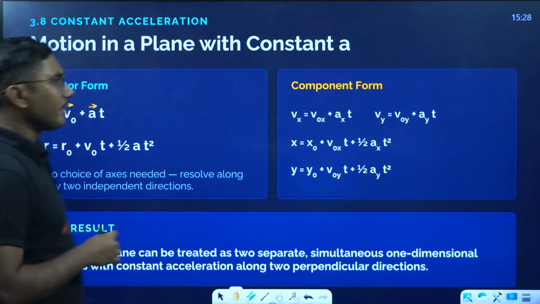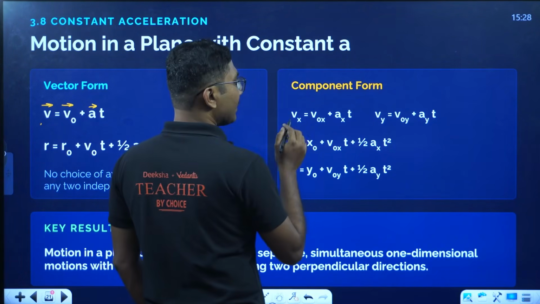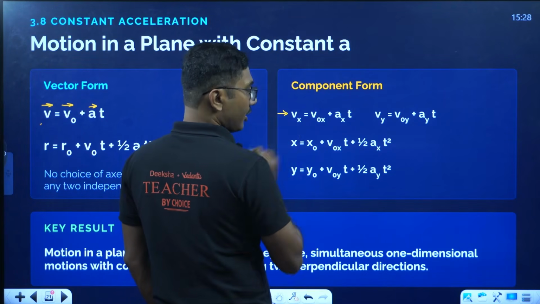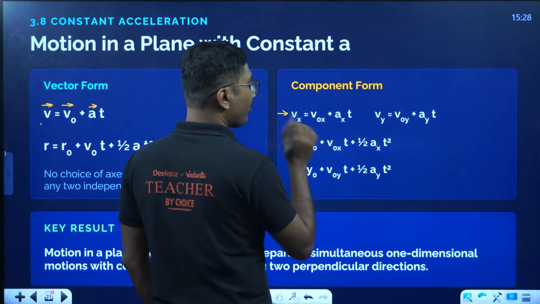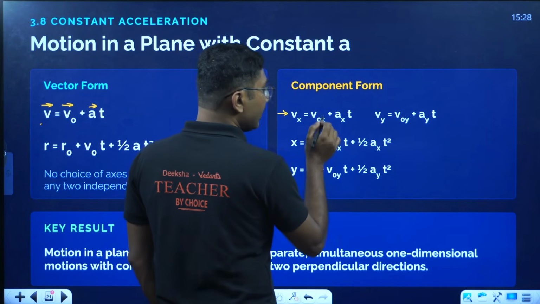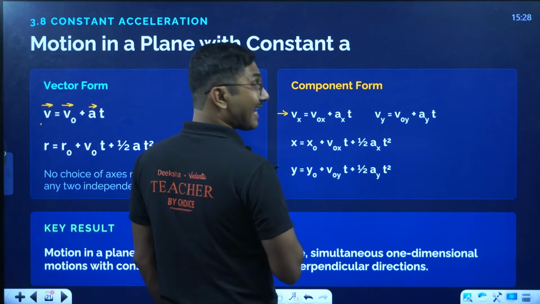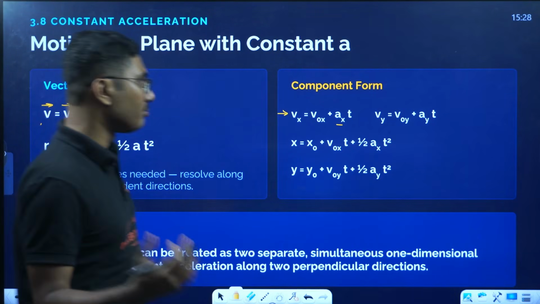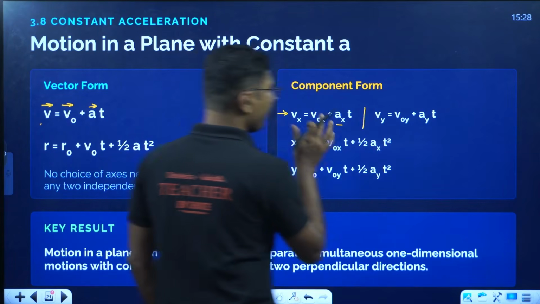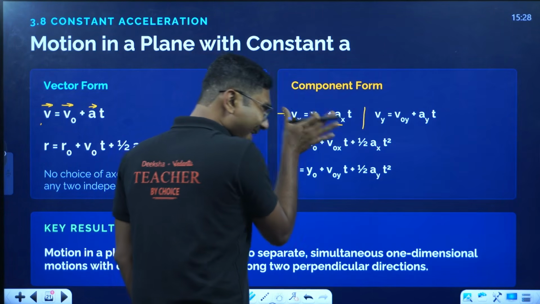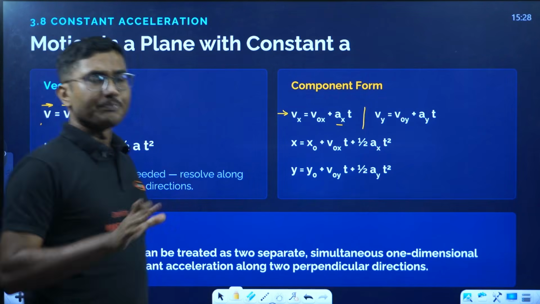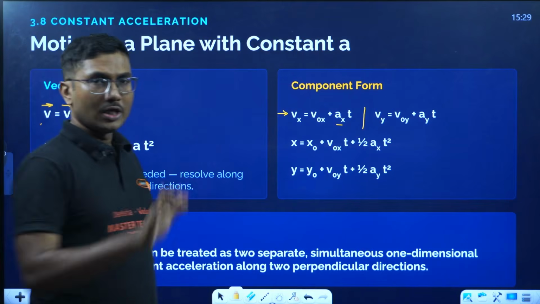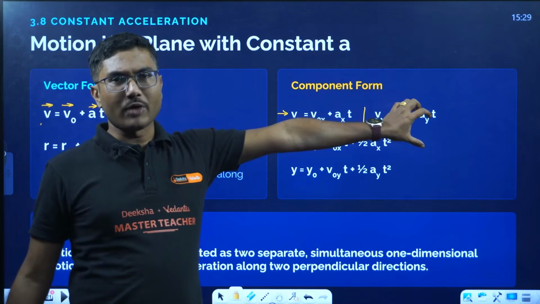When you go into component form, what does it mean? vx, the x component of final velocity, equals v naught x, the initial velocity along x, plus axt, where ax is the acceleration along x. Similarly, the same equation we are using for x as well as y. There is no difference in the x and y components.